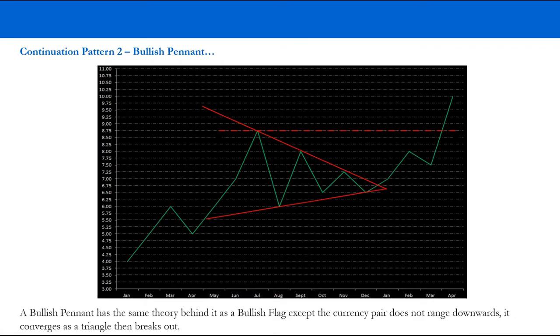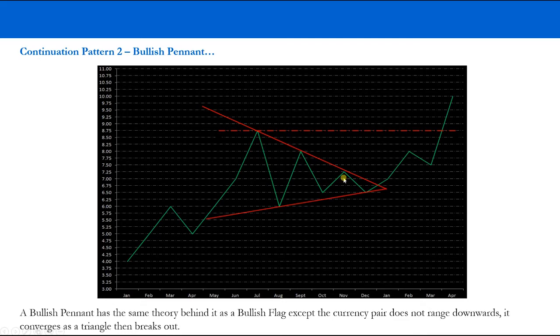Now what we have here is our second continuation pattern, which is a bullish pennant. And a bullish pennant has got the same theory behind it as a bullish flag in the previous example, except the currency pair doesn't range downwards in a channel. It converges as a triangle and then breaks out. So we treat it in exactly the same way in terms of having our fundamental predisposition and confirming or denying bullish or bearish fundamental views as the bullish flag.